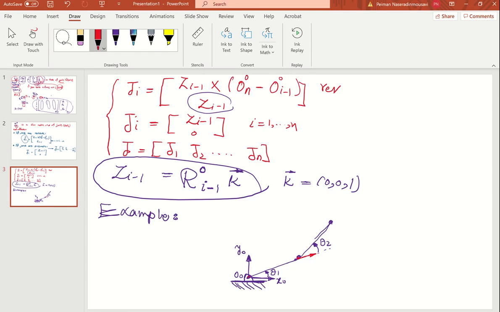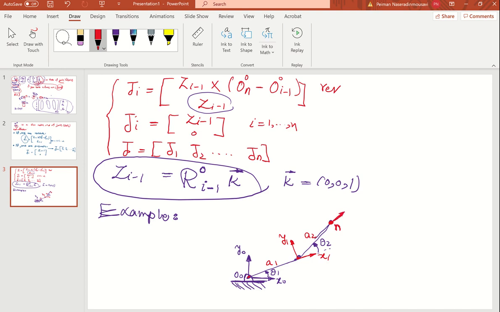So the line that is connecting both out of the page is going to be x1, and by the right hand rule it's going to be y1. Now say here is a1, the length of this, here is a2, and this is your end effector.